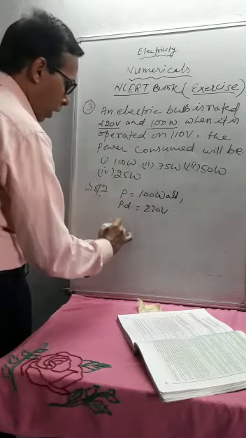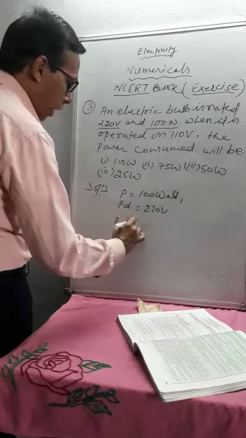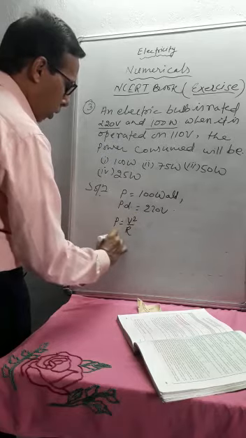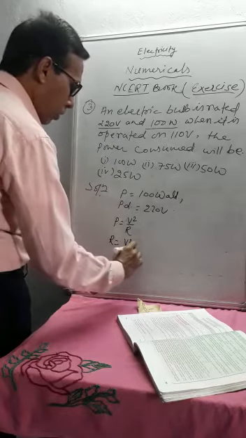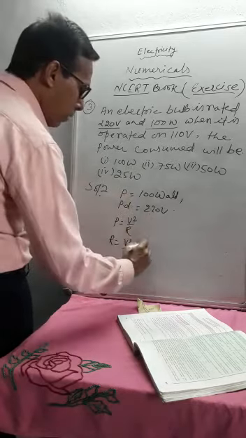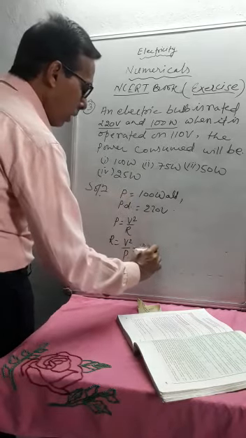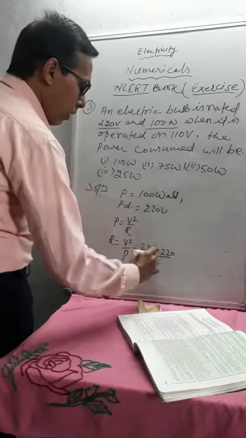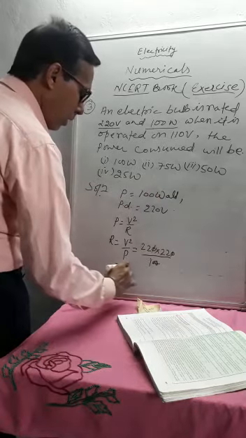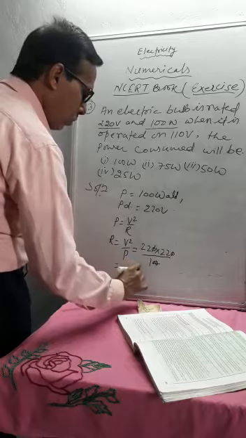All of you know the formula, P is equal to V square by R. So R is equal to V square by P, which is 220 into 220 divided by 100. 100 cancels. So resistance is 484 ohm.